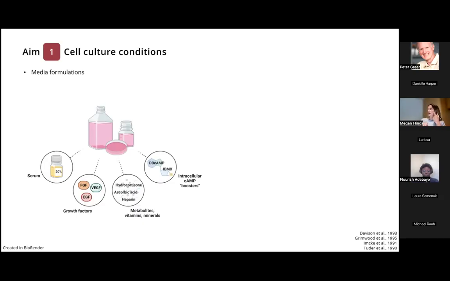So specifically, I've used this cyclic AMP analog dbcAMP, and I've included a phosphodiesterase inhibitor, IBMX. And so these are both basically added to increase endogenous cyclic AMP levels in these cells. And by doing so, promote an endothelial cell morphology, including things like CD144 or VE-cadherin expression and their arrangement into that uniform cobblestone morphology.